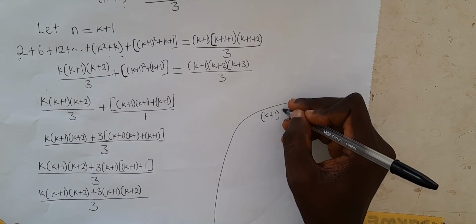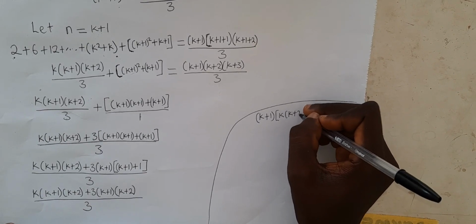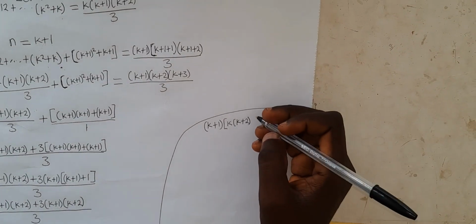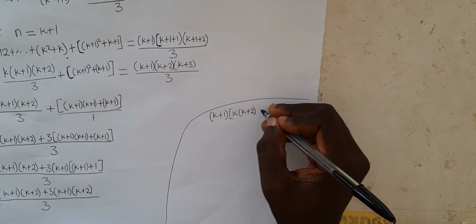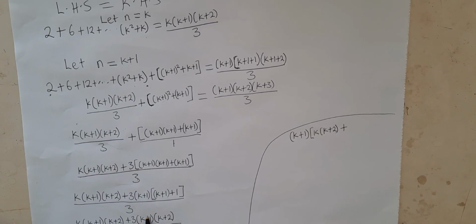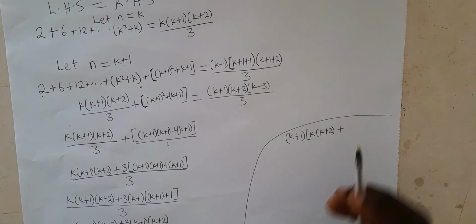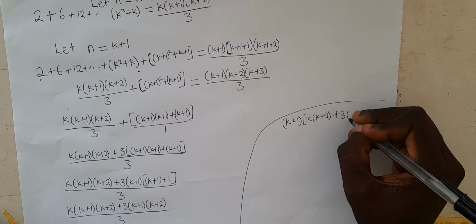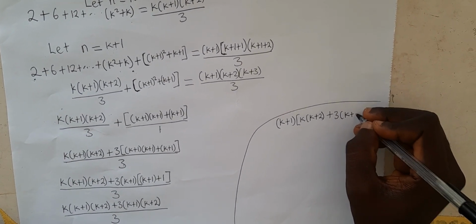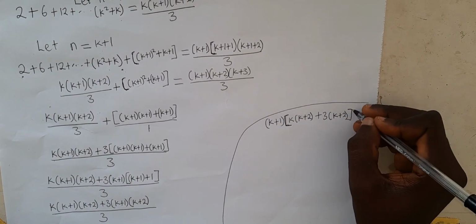So I'll be left with what? K into bracket k plus 2 plus, brought out k plus 1, right? So if I've already brought out k plus 1, I'll be left with 3 into bracket k plus 2 here. 3 into bracket k plus 2. Everything all over what? Everything all over 3.